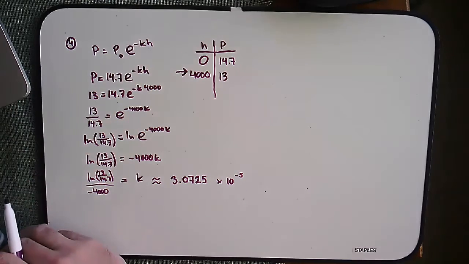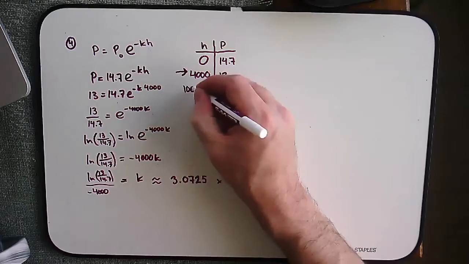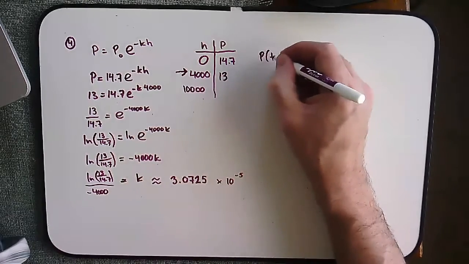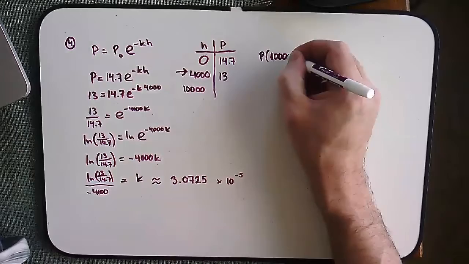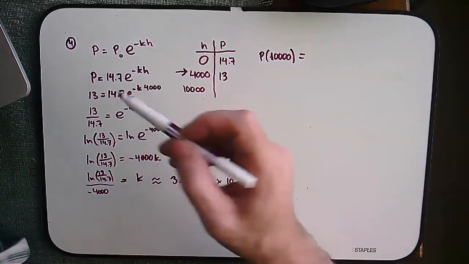All right, so what they've asked us to do then is find P of 10,000. So to evaluate P of 10,000, we'll plug that into our pressure equation here.